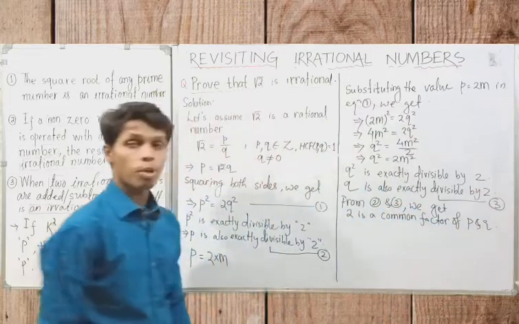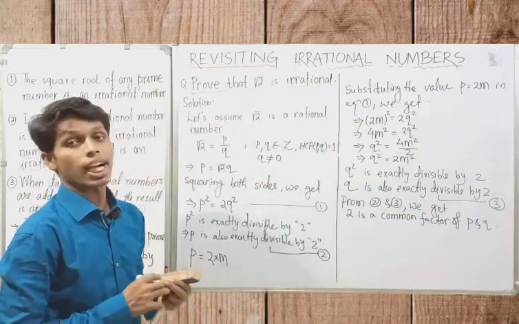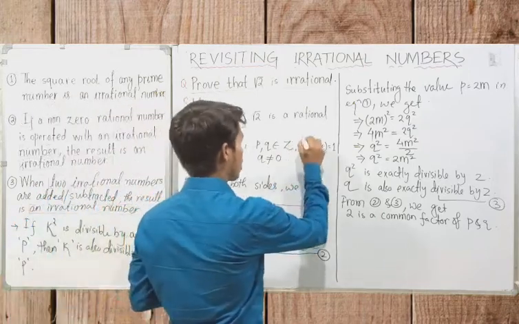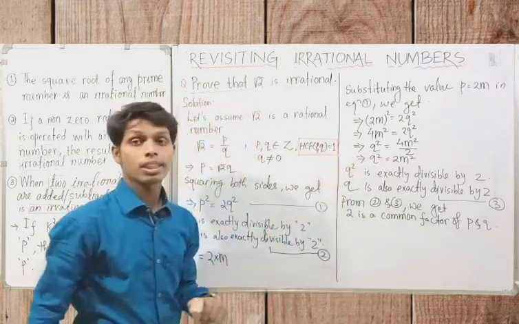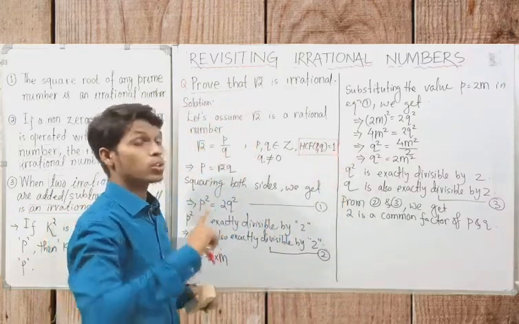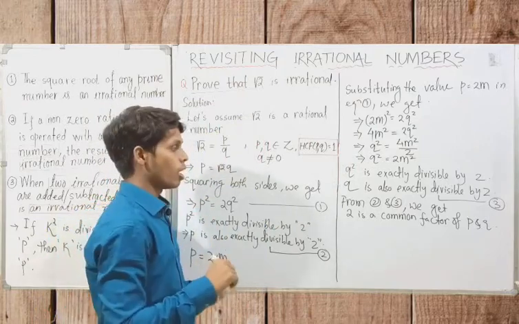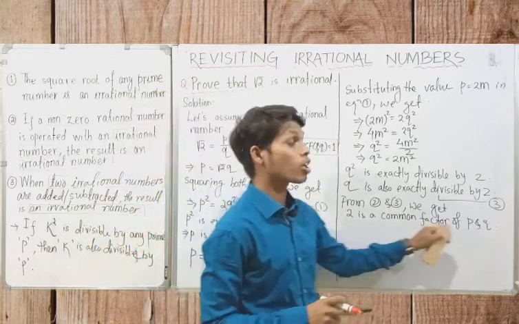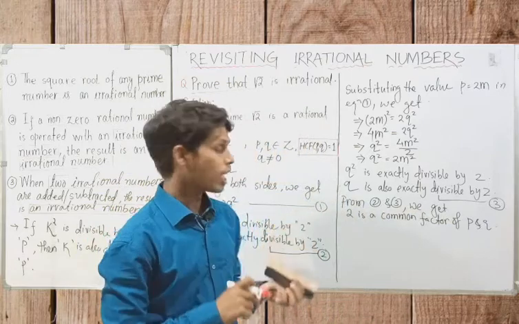Yes or no? But this becomes the contradiction. How? Here we had taken the standard form of p by q, so HCF of p and q was 1, means there are no common factors of p and q greater than 1. But here we got the number 2, which is greater than 1, and it is also a common factor of p and q. These two things oppose each other or contradict each other.